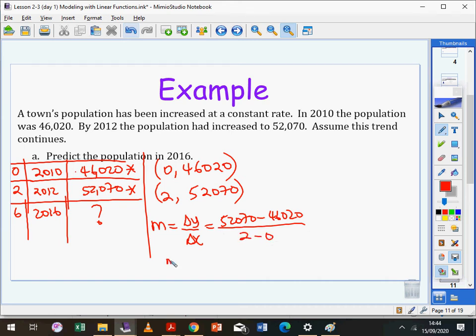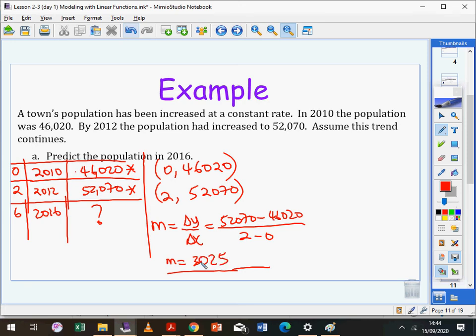The slope is going to give me an answer of, let's see, 52070 minus 46020, 6050. Divide that by 2, 3025. Please check my math, see if I got this right.